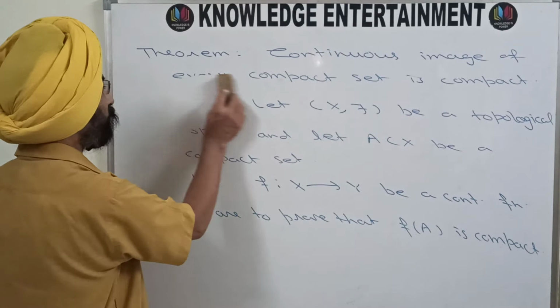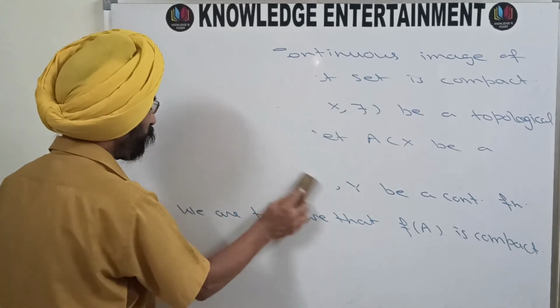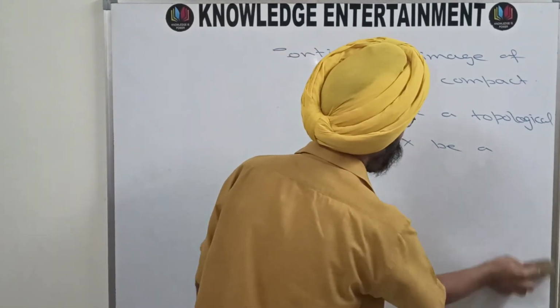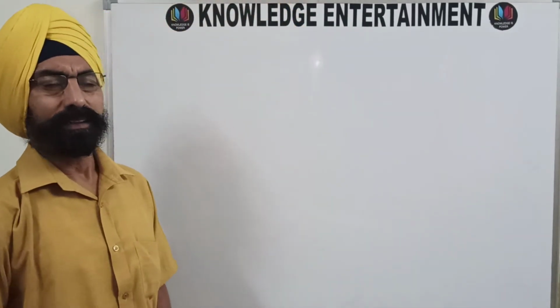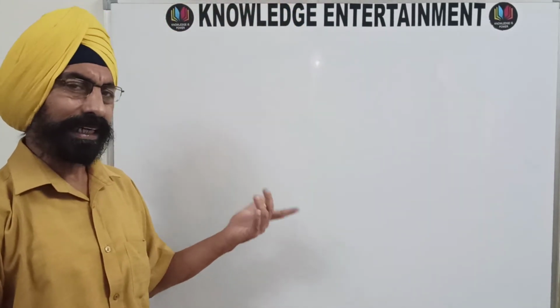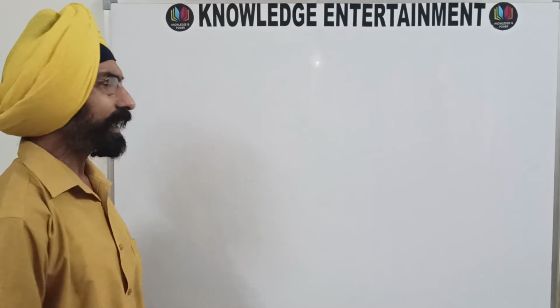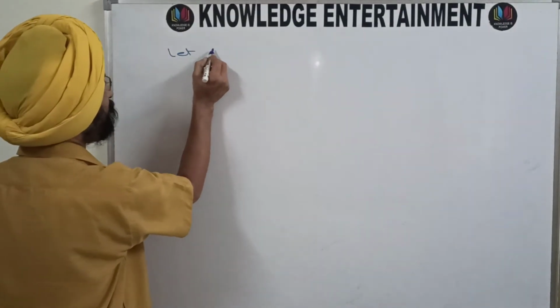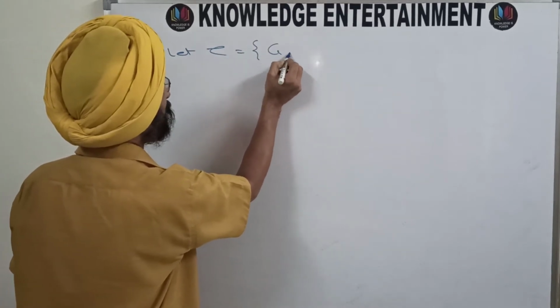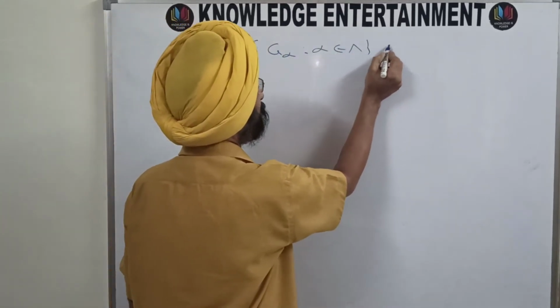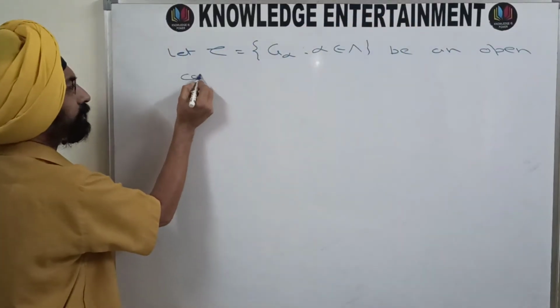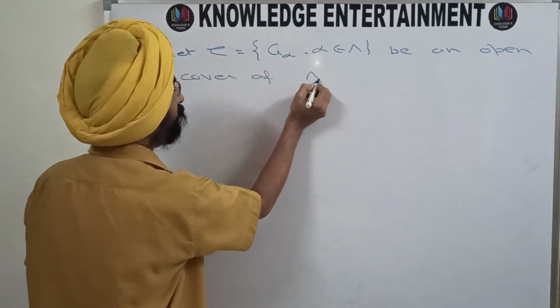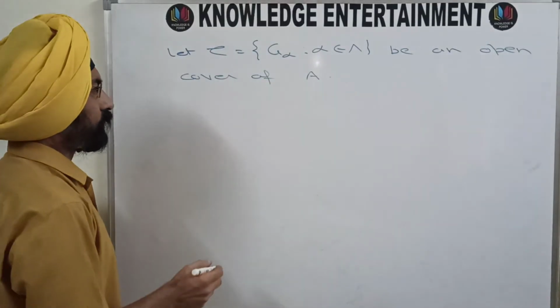What we will do, we will have an arbitrary open cover of A, and then we will try to find a finite subcover of that arbitrary open cover, and that will make the set F of A a compact set. So let C equal to G alpha, alpha belonging to lambda, be an arbitrary open cover of F of A.